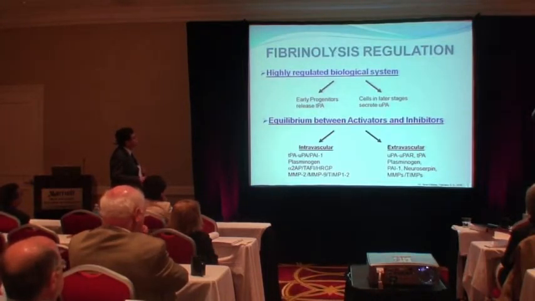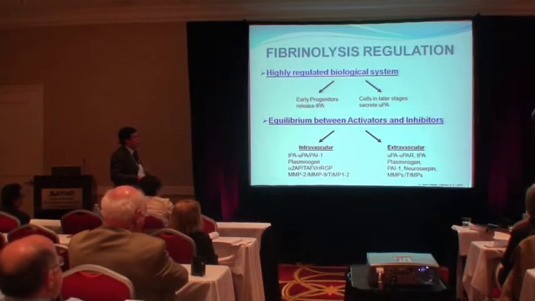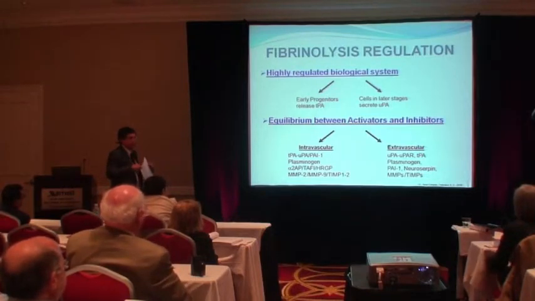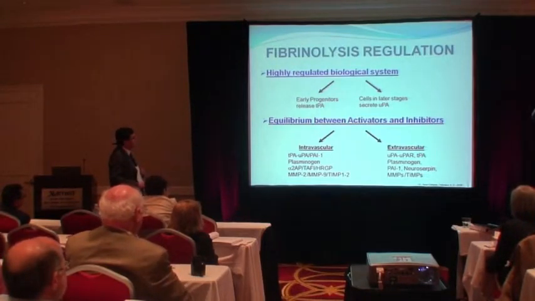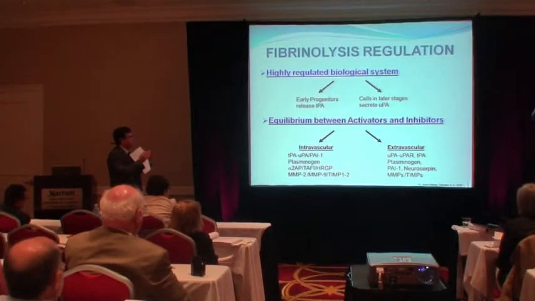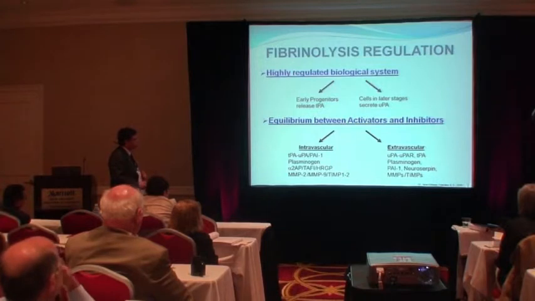And the two major activators are TPA, mainly intravascular and also extravascular, and UPA with a major role in the extravascular compartment. And there is a strong equilibrium between activators and inhibitors, which allows fibrinolysis to do its life-saving function. So in the intravascular compartment, the activators are TPA with some levels of UPA.